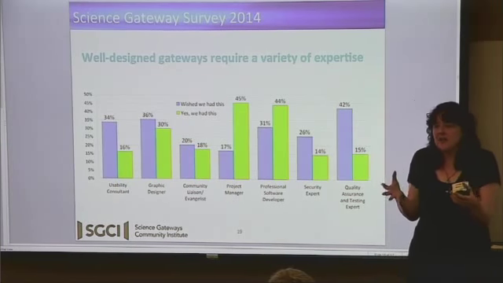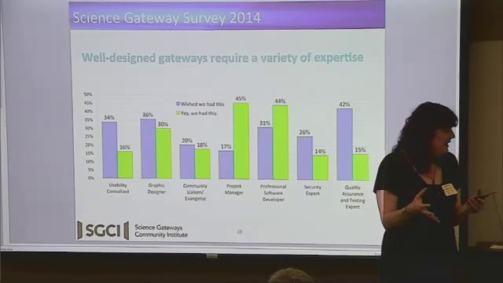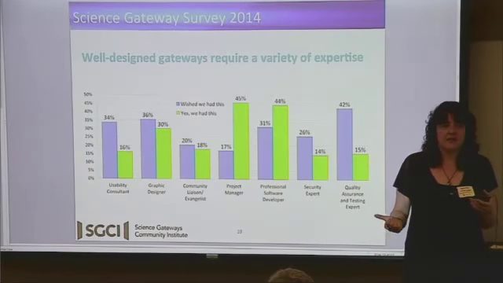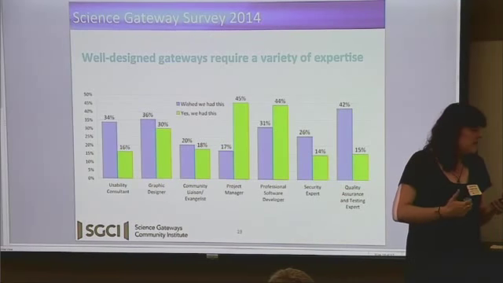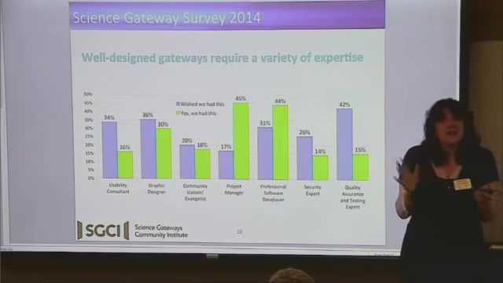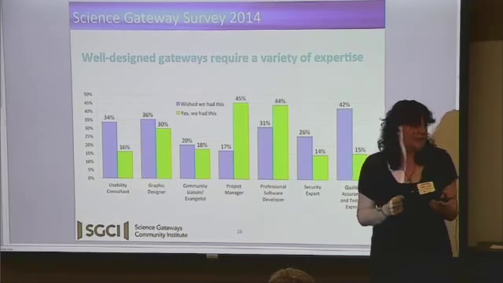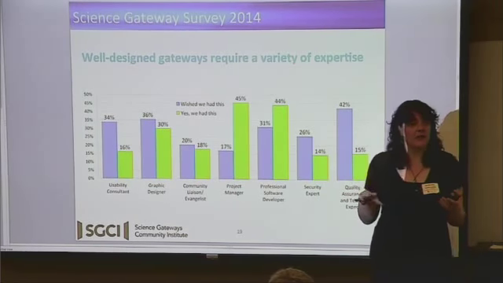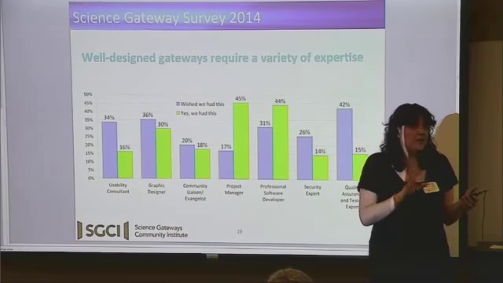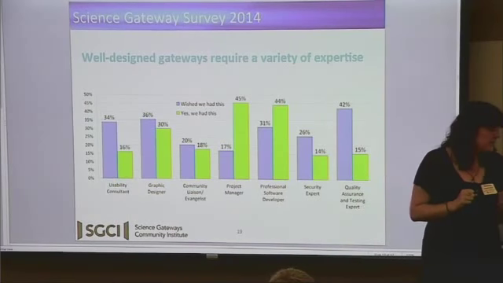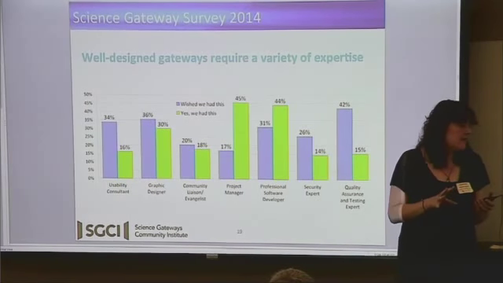You cannot always have the expertise in one person, for example a usability consultant. 34% wished they had this, and 60% said, yes, we even had this in our projects. The missing percentage are the ones who were not sure or thought, maybe we don't need them. But you can see the trend here.